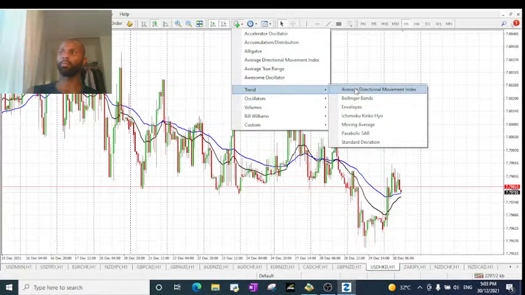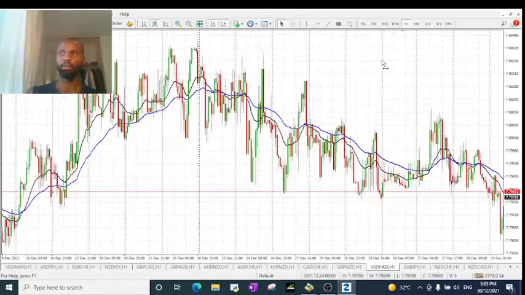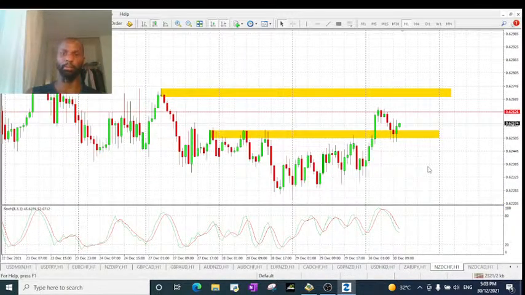Man, I might take this New Zealand Canadian dollar trade. Is it New Zealand Swiss franc? Man, I'm starting to like how this thing is behaving.